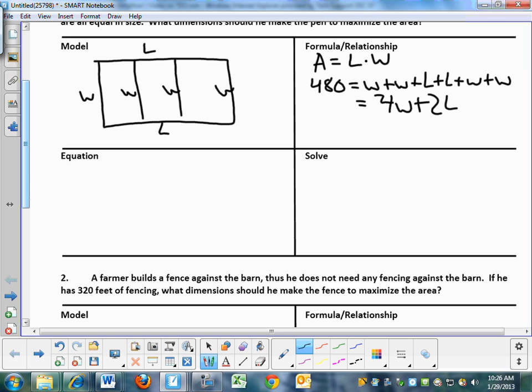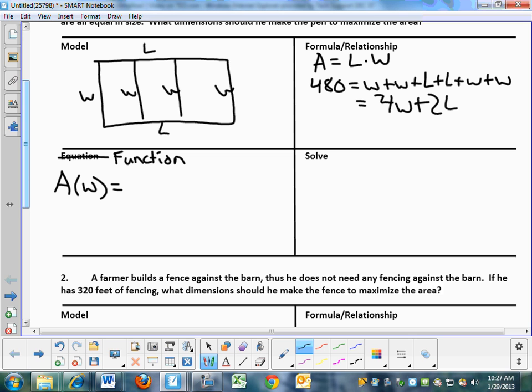So what I really need here is not an equation, but a function that will model for us the area in terms of a single variable. Is the area going to be in terms of the width, or is the area going to be in terms of the length?